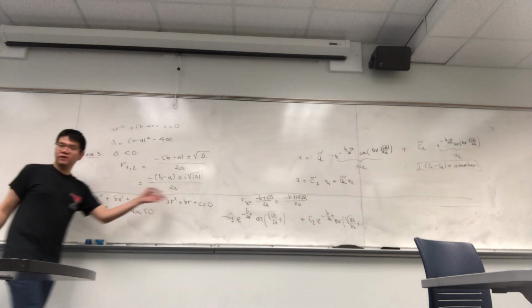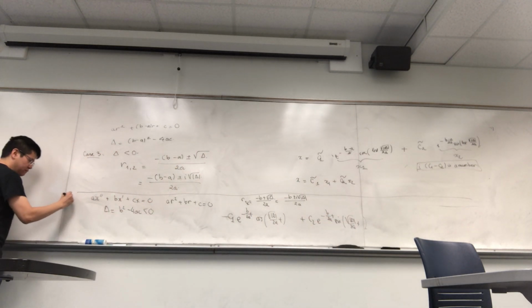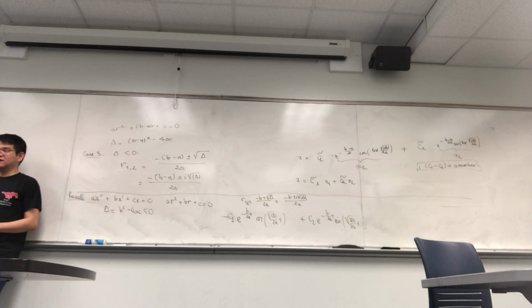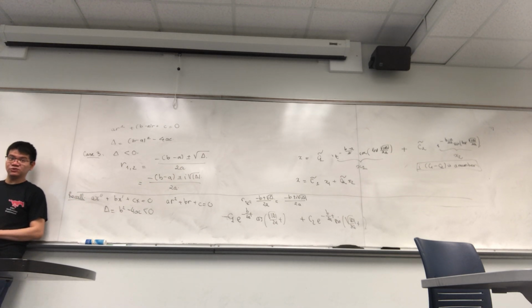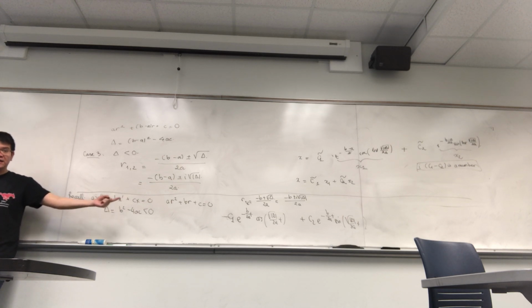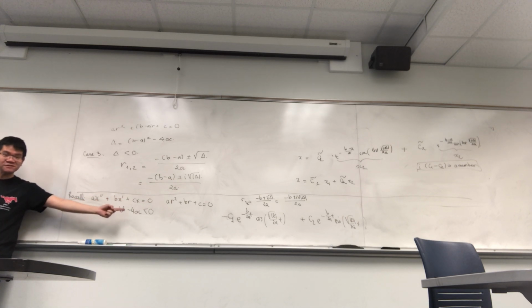Right? So let us recall the previous case when you have a constant coefficient second order differential equation. You have a x double prime plus b x prime plus c x equals 0. In this case, the delta is b squared minus 4ac.